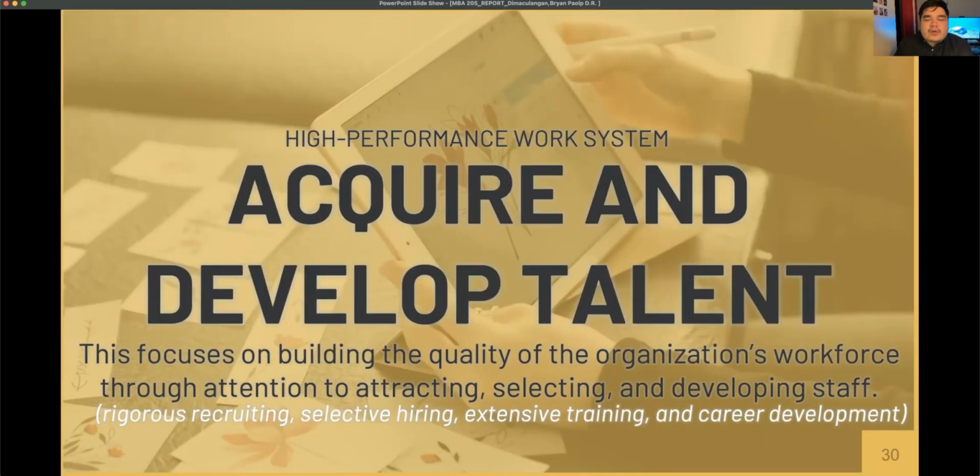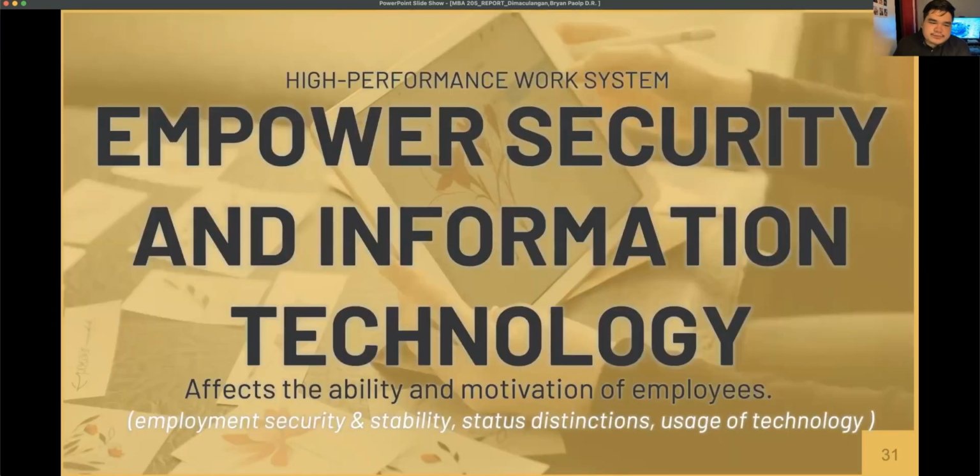Also, it helps us acquire and develop talent with your employees. So this focuses on building the quality of the organization's workforce through attention to attracting, selecting, and developing staff. So this involves practices like rigorous recruiting, selective hiring, extensive training, and career development.